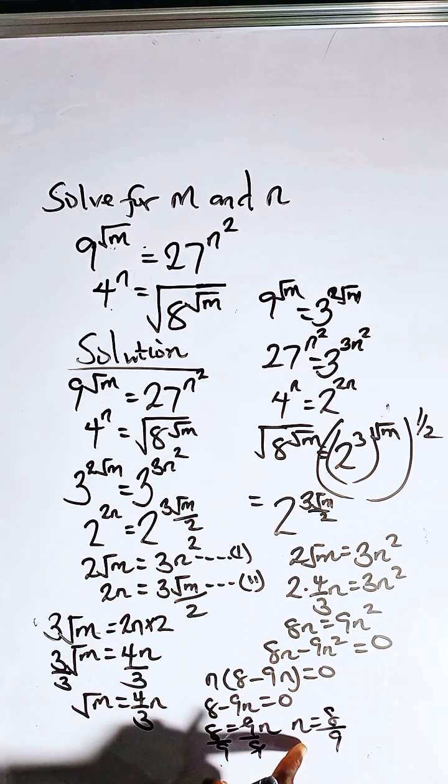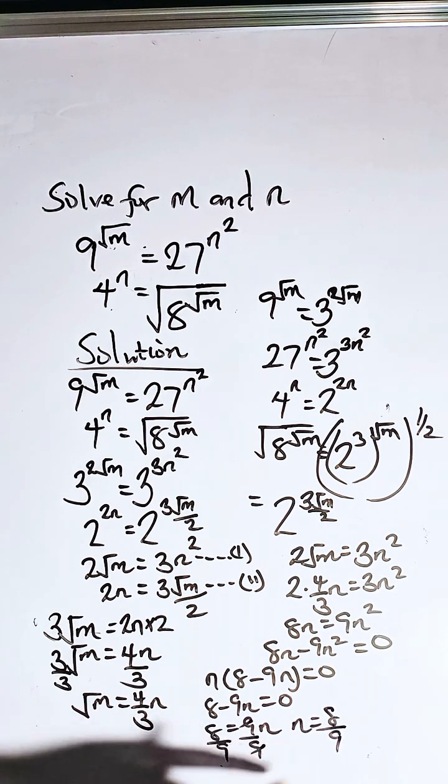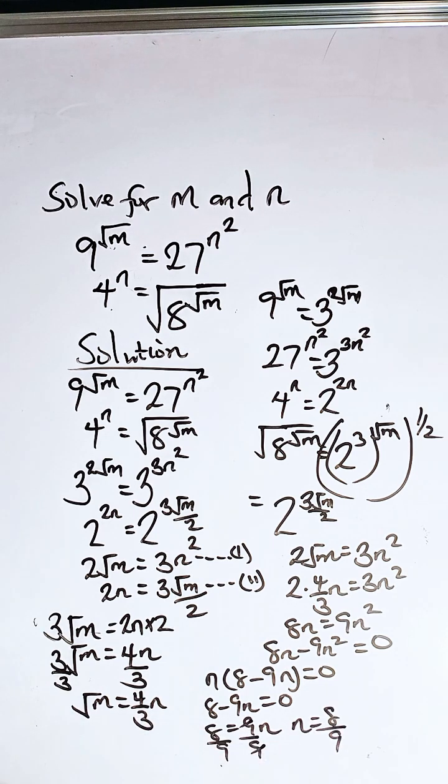Since we have determined the value of n to be 8 over 9, we can easily come back and determine the value of m.